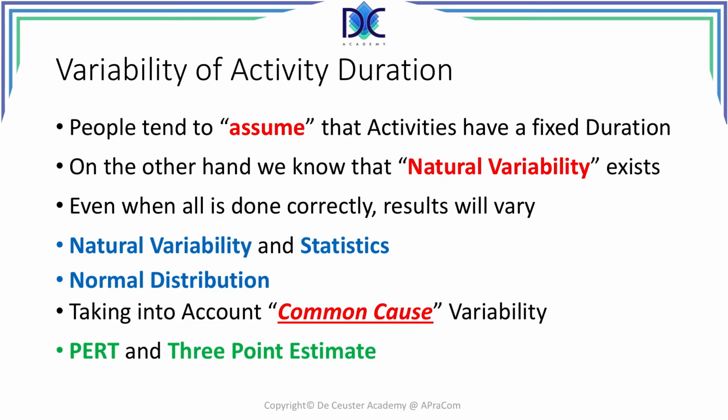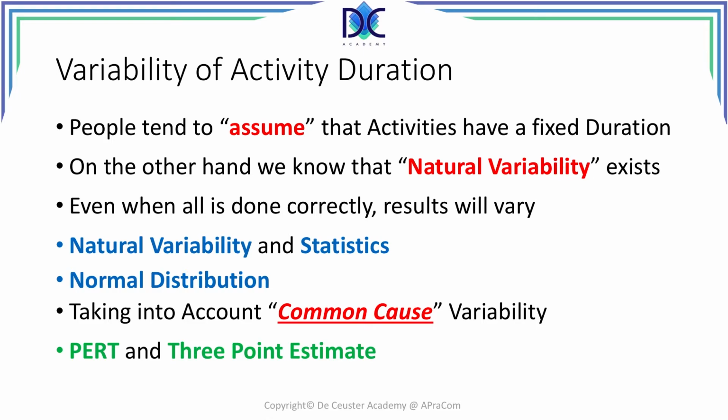We look here at what is also called common cause variability or variation. When you look at the production process in a factory, the pieces that are produced never have exactly the same dimensions.